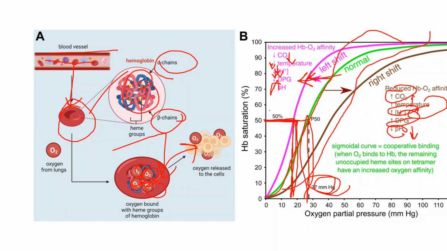Here 50% will now come near 40 mmHg, that is, it will require a higher oxygen partial pressure to bind with the heme group. In this way these factors define how oxygen binds with the heme group. One of the interesting properties is that it shows a sigmoidal curve.